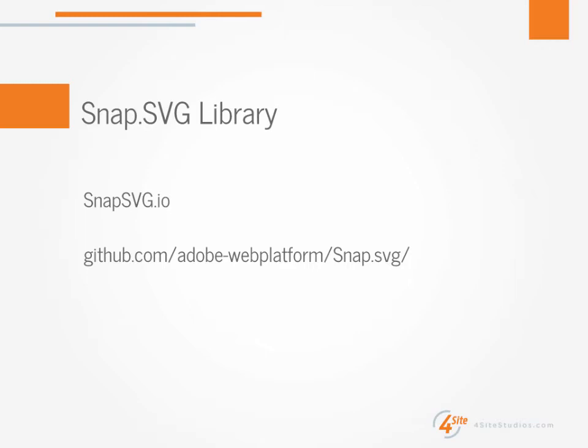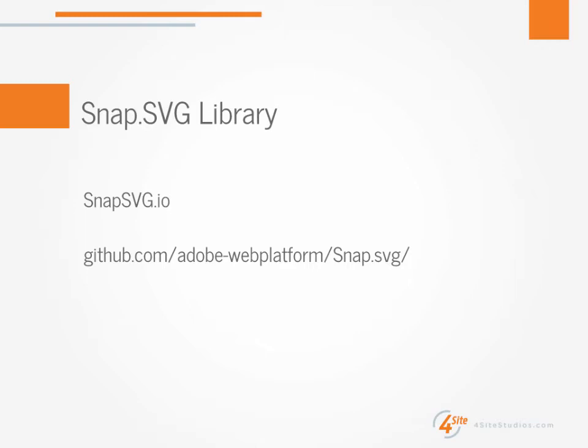It's built for modern browsers. One of the big problems with Raphael is it had to support a bunch of old browsers that no one likes to support anymore. So Snap.svg works in IE9 and up, and modern versions of just about every other browser.